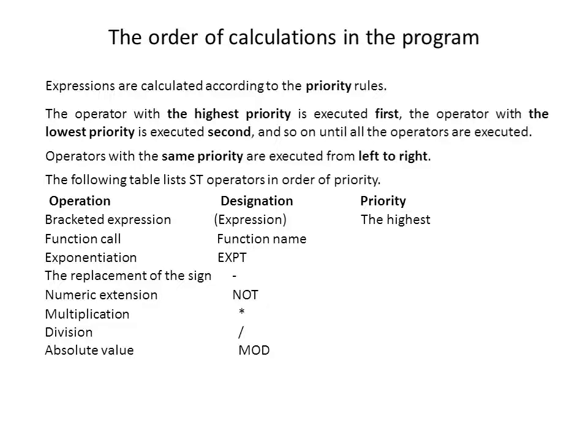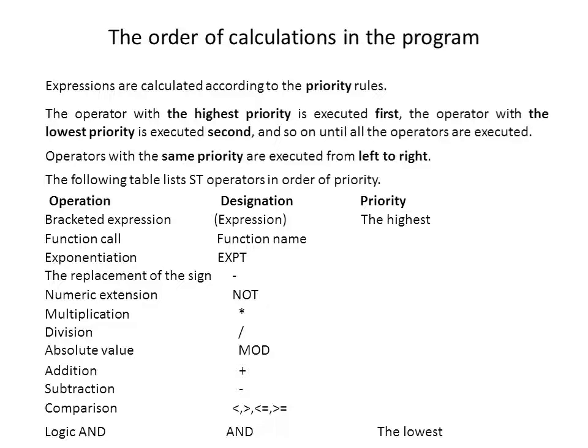After that, the ST language will calculate multiplication, division, and absolute value. These are all algebraic expressions. Then addition, subtraction, comparison, and last, all logic operations will be executed. As we see, logic AND will be calculated last.